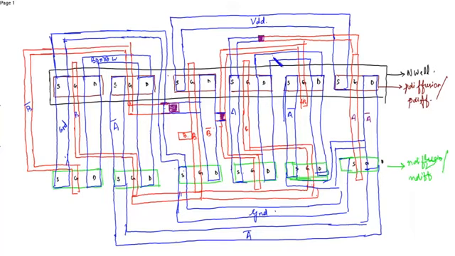This is the difference. So this is the metal layer, that is metal 1, or you can say this is M1. This is the poly layer.